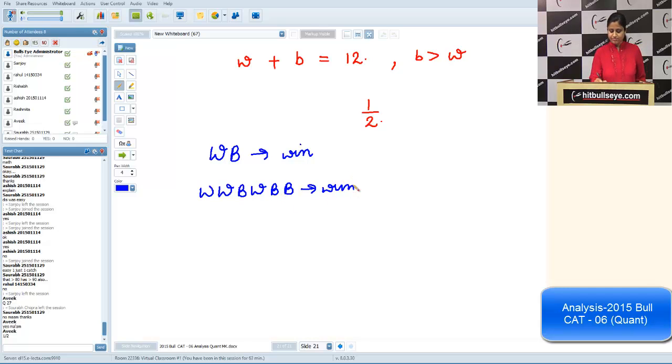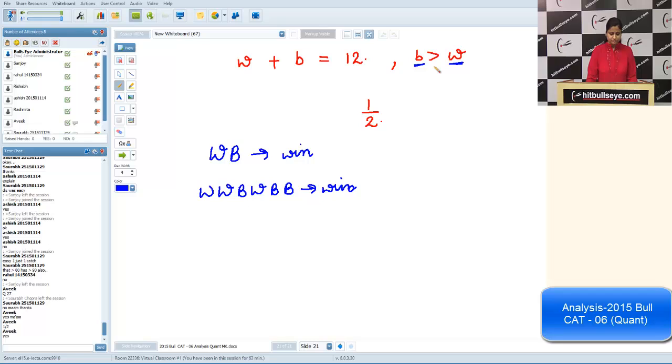Why so? Because we have more black than white. So whenever the first ball you choose is white, it is guaranteed that you will win. Is it okay, Avik? Any string which is starting with W, you will win always, because there will be a time when the number of white balls will be equal to the number of black balls.